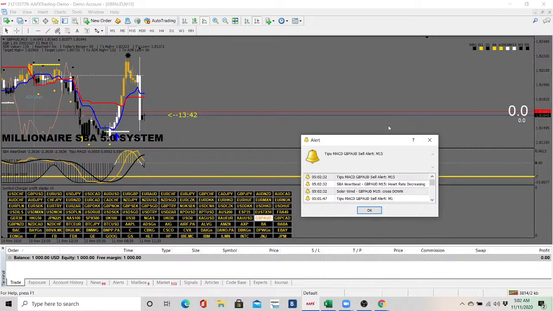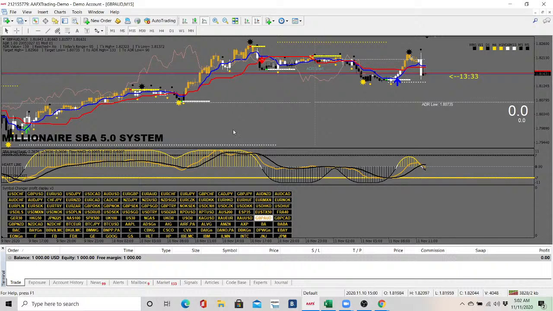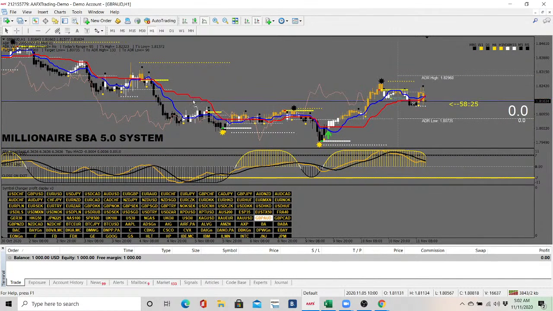On the 15 minute, the sell alert. Even though the last star bar arrow was blue, of course you can see the trend is changing for sell. And lastly, on the hour, we have a star and a bar, but no arrow just as yet.